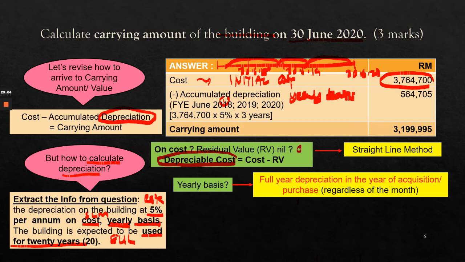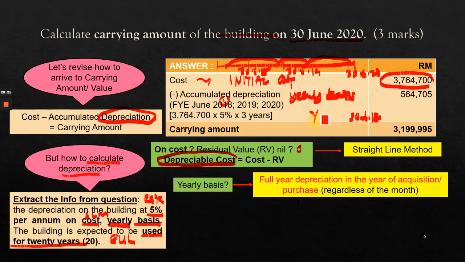So remember, you don't purchase it on 1st of July, you purchase it on a later date, but somehow you provide full year depreciation even in the year of purchase. Remember, the year of purchase is 30th of June 18. So you provide depreciation regardless of the purchase being less than a year in that year.